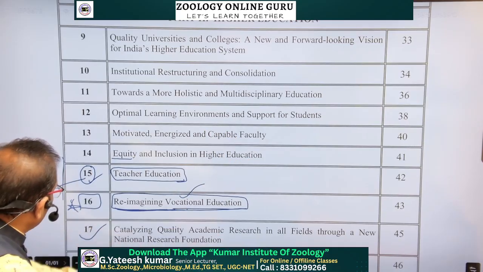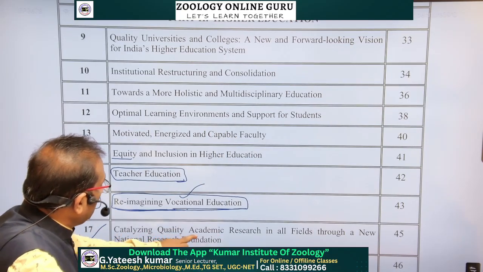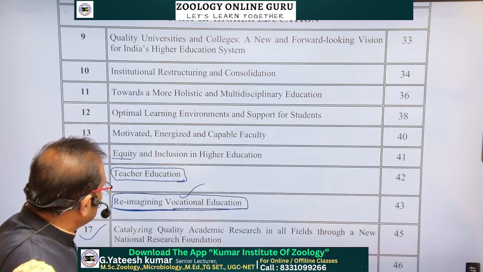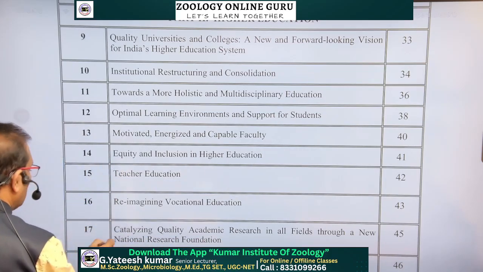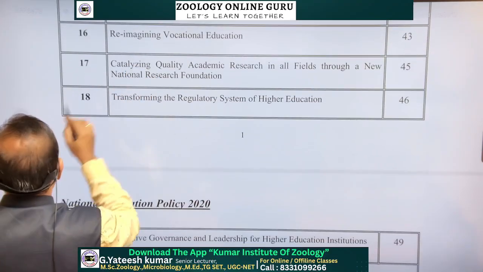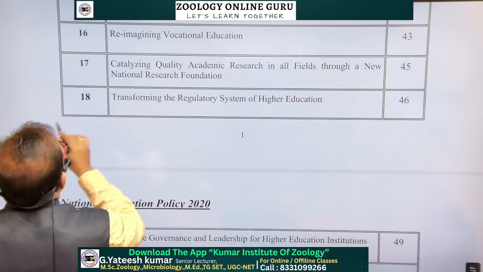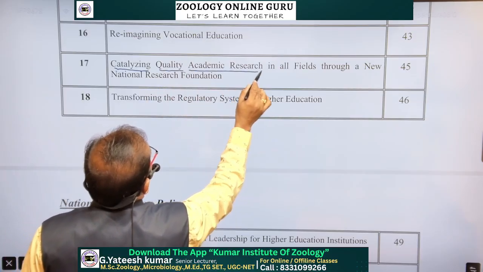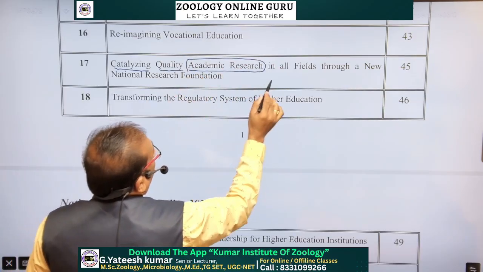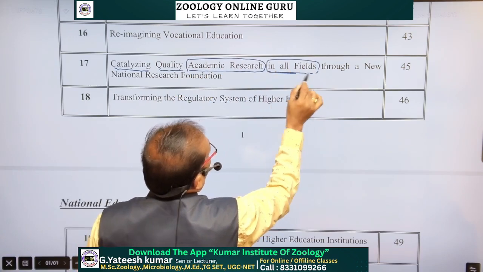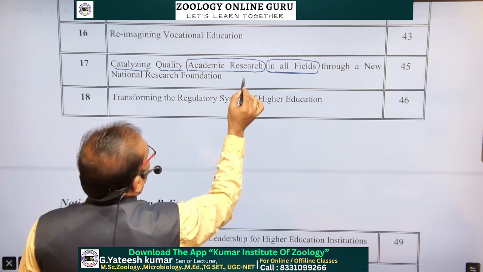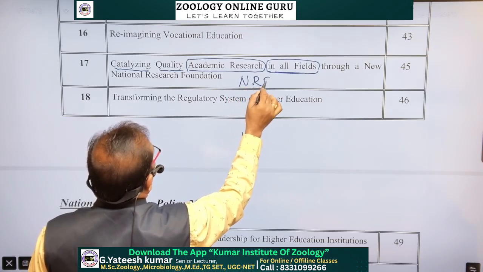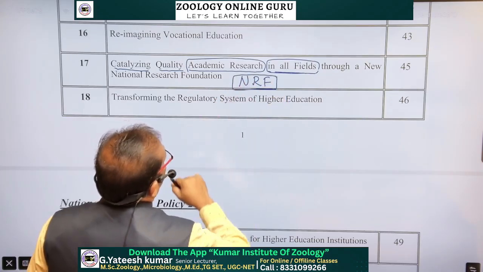Next, chapter 17, catalyzing quality academic research in all fields through a new National Research Foundation. Most important this one. This is also important.